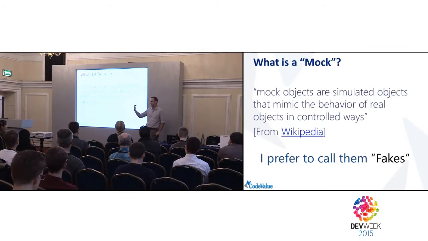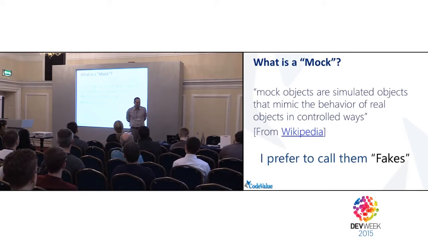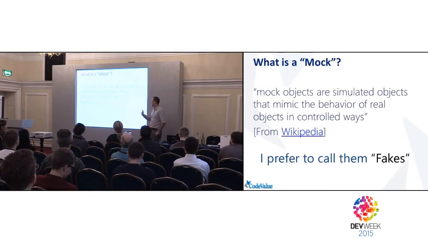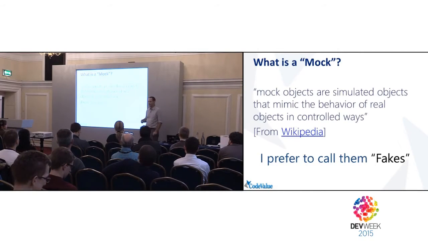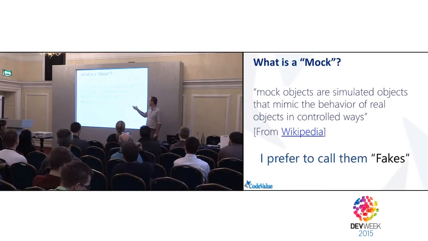There are mocks and stubs and test dummies and spies and whatever, and fakes. Five or six types of things that you don't need to know about unless you're writing such a book. And all you need to know is it's a fake object. And that's what I'm using. This is actually from Wikipedia. They have a very good definition of saying it's a fake object in a sentence or two.